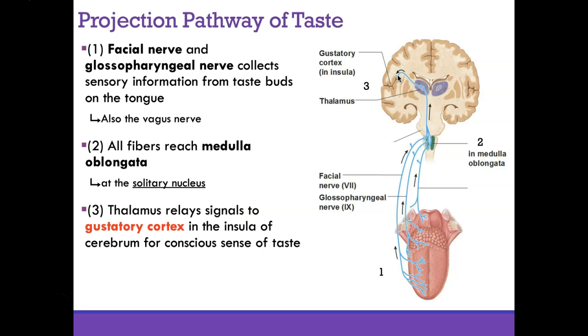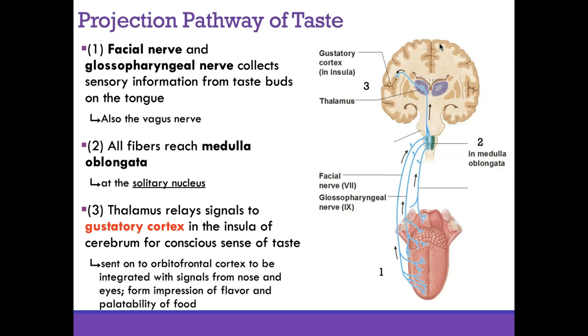That's where we perceive taste, in the insula. And then from there, those processed signals get sent to the orbitofrontal cortex, where they get integrated with the olfactory signals and also our visual signals, where we understand what we're tasting.